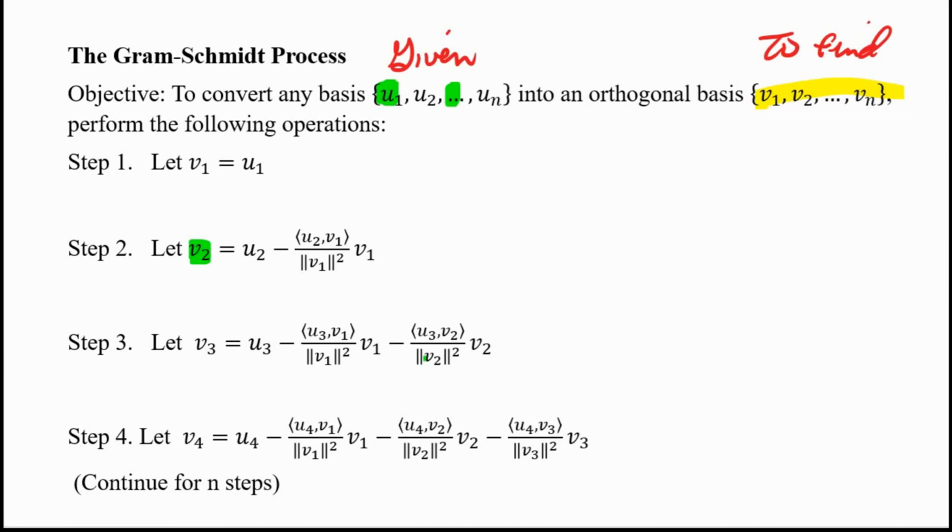You repeat that based on how many n's you have, and typically for us it's only going to be 2 vectors for the 2 space, 3 vectors for R3.